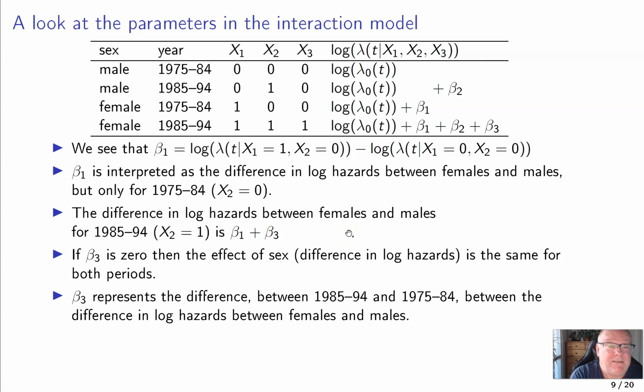The effect of sex is no longer assumed to be the same for the other covariate in the model, which is period. And this is what we do when we specify an interaction. By modeling an interaction between sex and period, we are saying the effect of sex now potentially differs for period, and the effect of period also differs for sex.